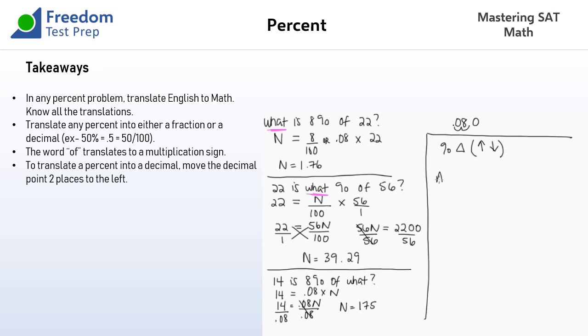Let's say our utility bill in August was $77.83. And our bill in September was $84.21. And the question is, what is the percent increase from August to September?